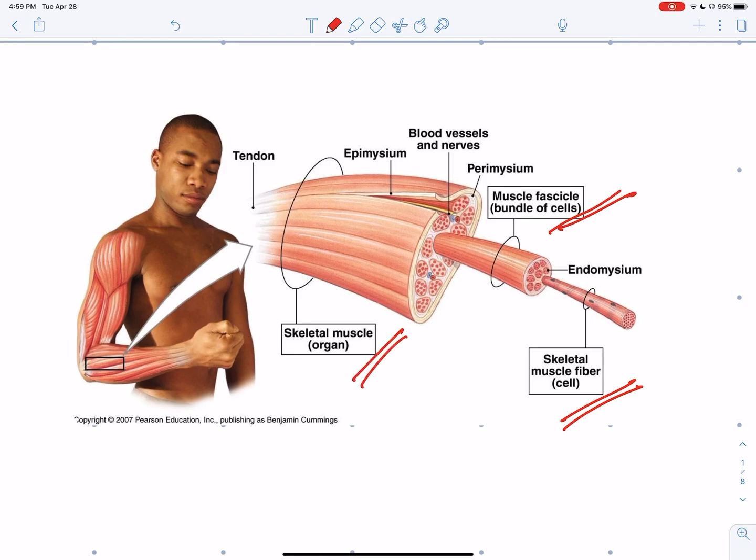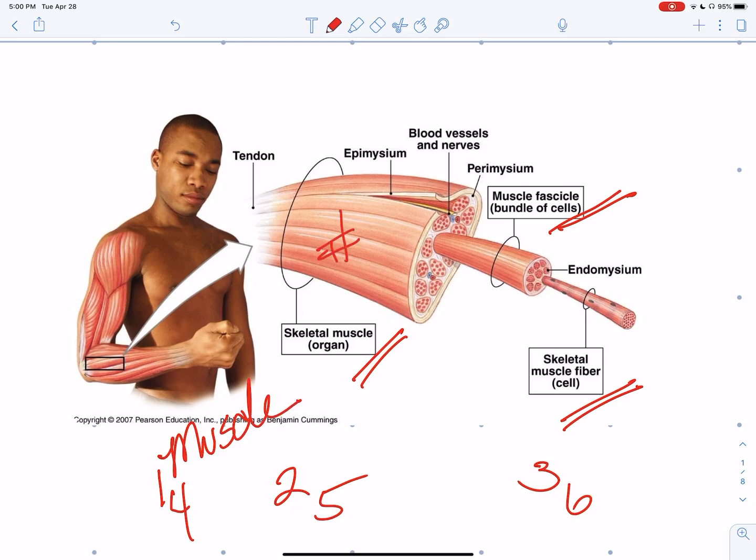So if you did the worksheet I gave you, we had numbers 1, 2, and 3, and then we had 4, 5, and 6, looking at the names of the structures and then their coverings. So if I look at this one here and I call this number 1, the muscle belly, then what covers the muscle belly?